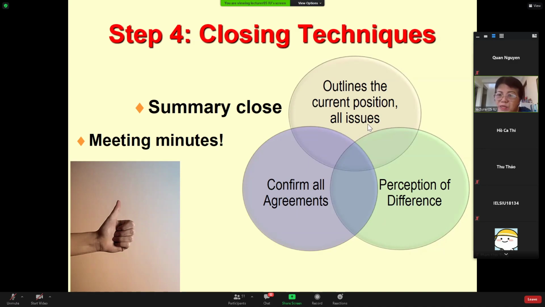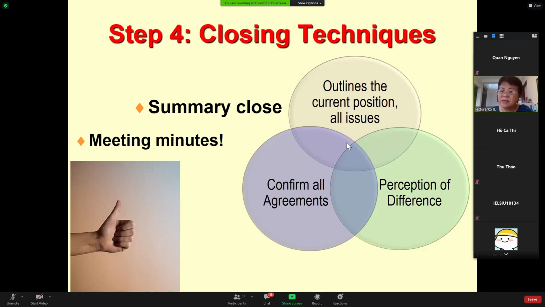After the negotiation, after we ask questions and explore opportunities, we outline the current position. Narrow down the option that we are going to offer, and what the differences in perception are. And then we confirm the agreement.